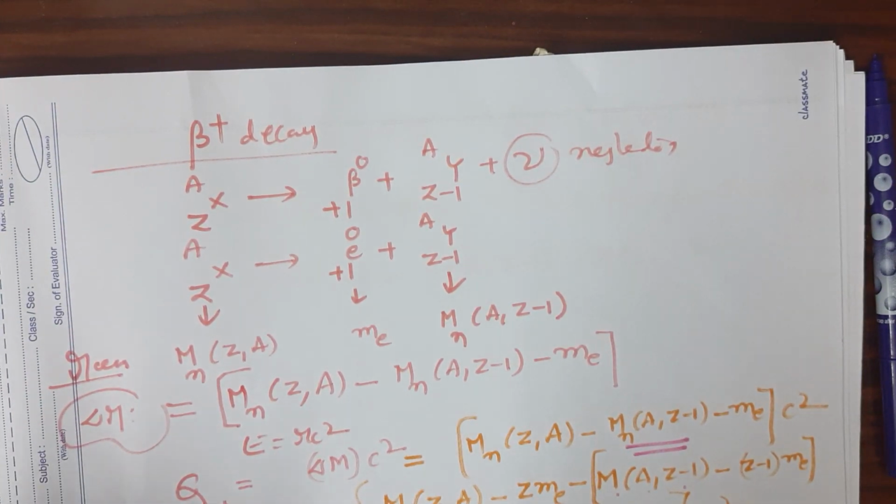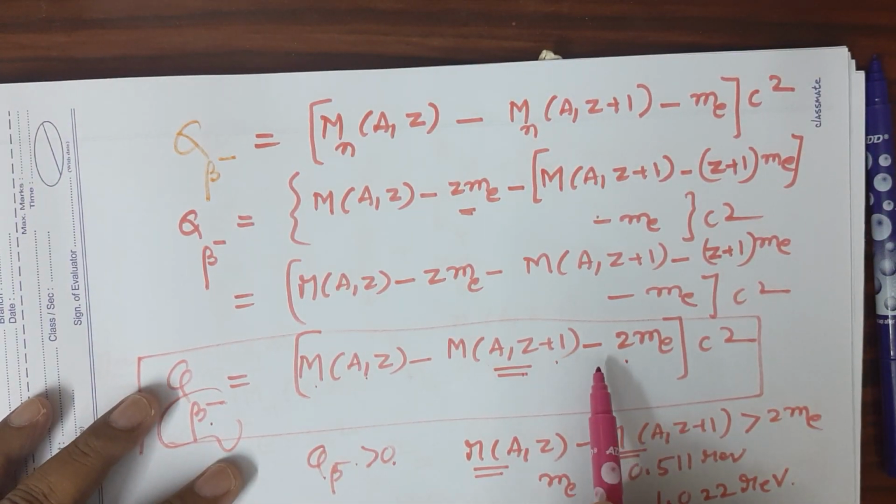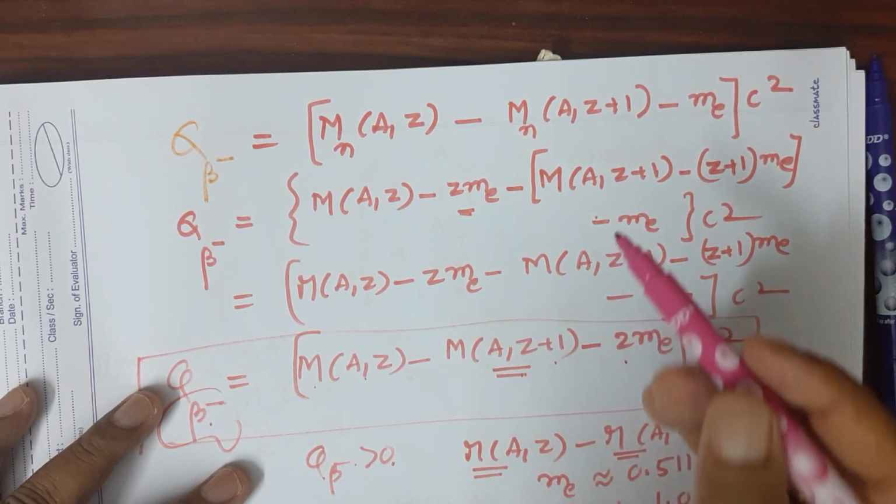In the previous beta minus decay, what did we get? Minus 2Me. Here also we got the same.